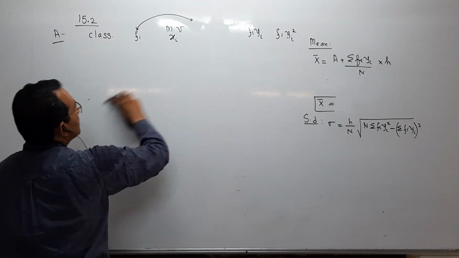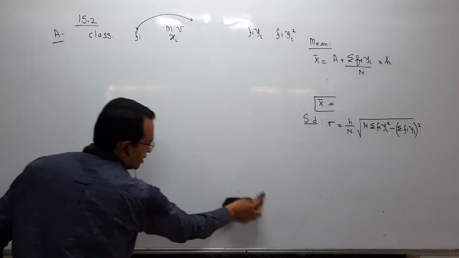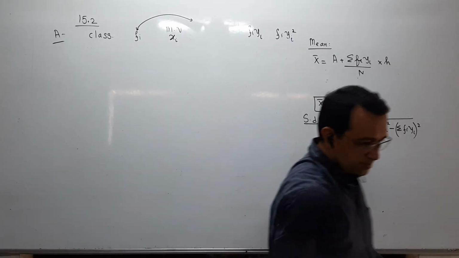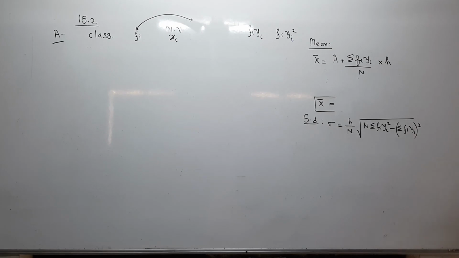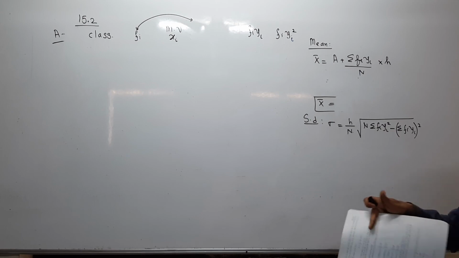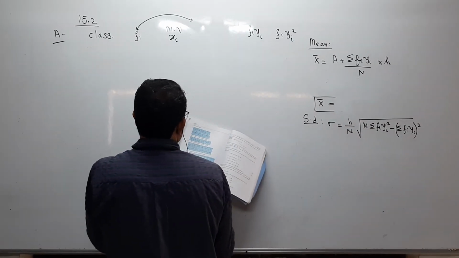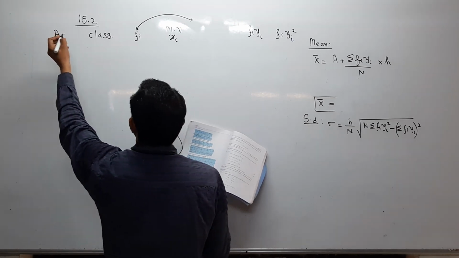The column of yi always changes because every time assumed mean changes and correspondingly the value of yi changes. Sum number 9. Using shortcut method, find the mean, standard deviation and variance.